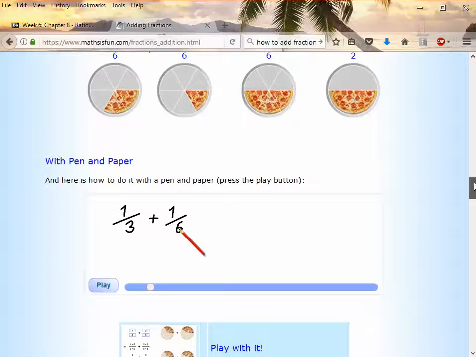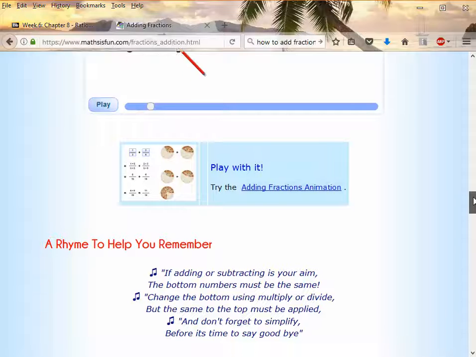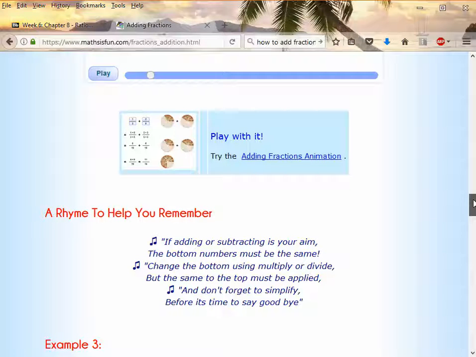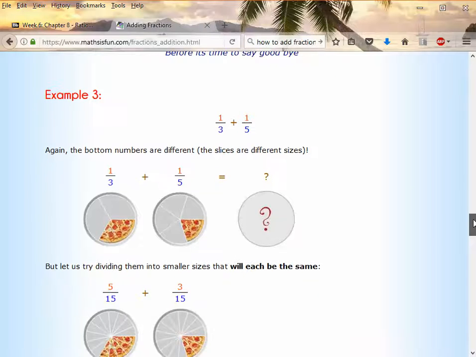This is just another example, and here's the thing to help you remember. This one does not have any common factors. 3 is as simple as it gets, 5 is as simple as it gets. So the first fraction needs both the numerator and the denominator to be multiplied by 5, and the second fraction needs both of them to be multiplied by 3.